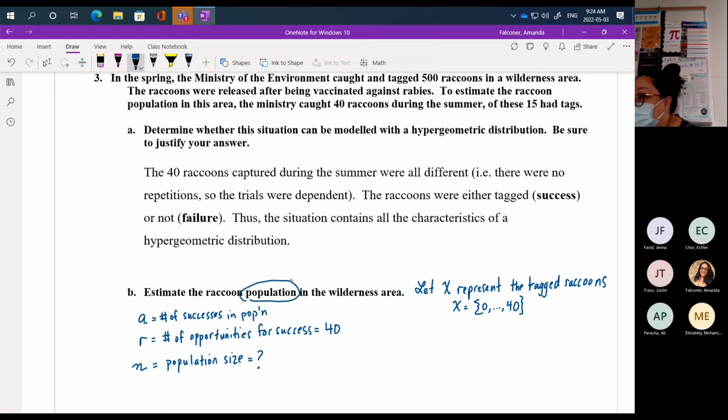So we actually have to figure out what N is. The final number that was given to us. So we've got 40 in there. How many number of successes are in the population? That's our 500. We don't know the population size. The last and final value is 15. 15 of them have the tags.